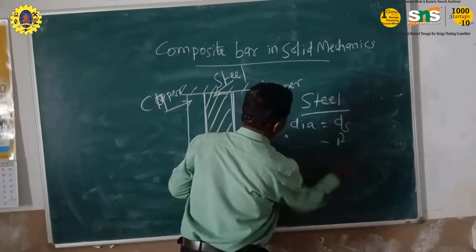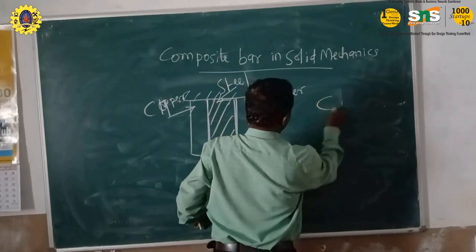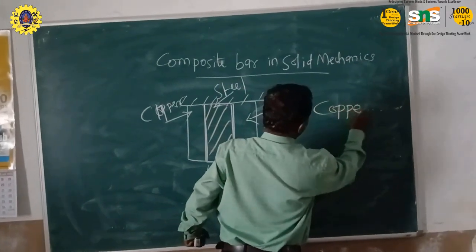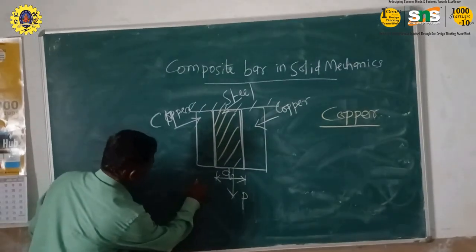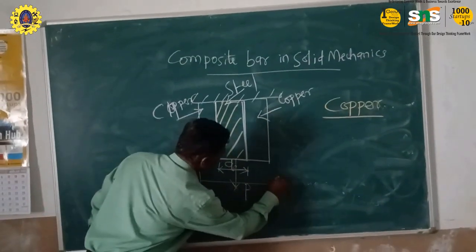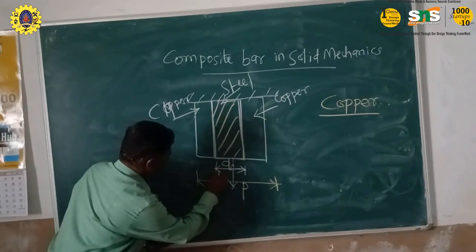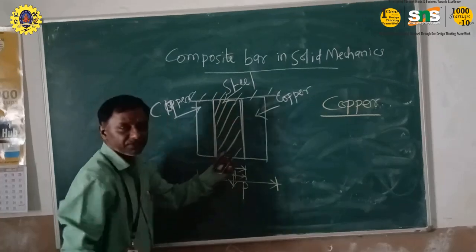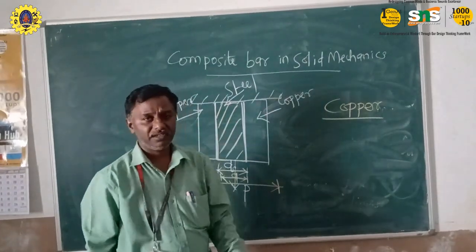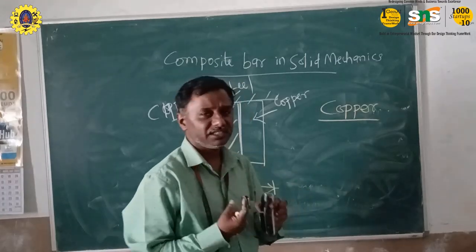Now let's go to the copper. Since it is a hollow one, we should have an inner diameter as well as an outer diameter. The inner diameter is exactly equal to the diameter of the steel, since both the steel and the copper are fastened together.